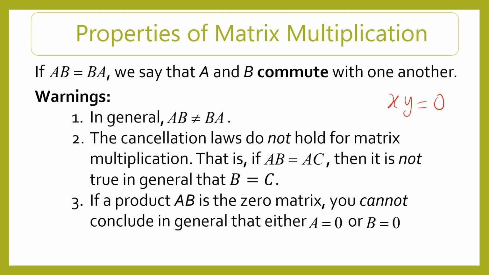For matrices, that is not always the case. There are non-zero matrices that you multiply together and end up getting 0. So that I multiply two matrices together and get 0 does not in general mean that either of the matrices is 0.